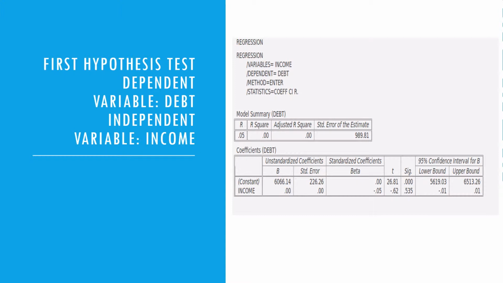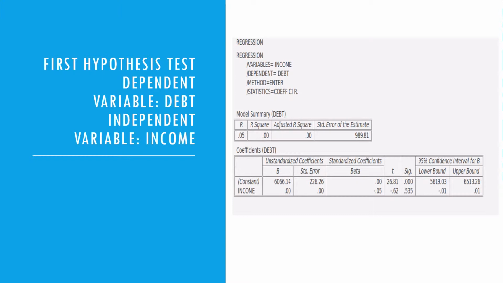Our R squared is 0, and of our constant, we can look at the bottom there of our income. Some of the major things are our standard error of 226.26, our beta being negative 0.05, and our bounds of negative 0.101 to positive 0.01.